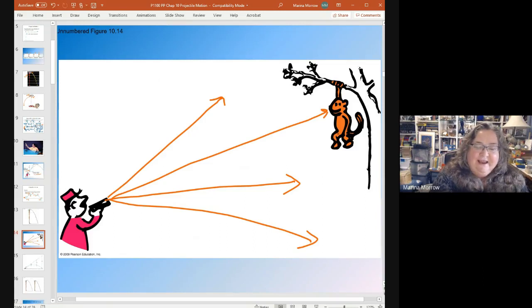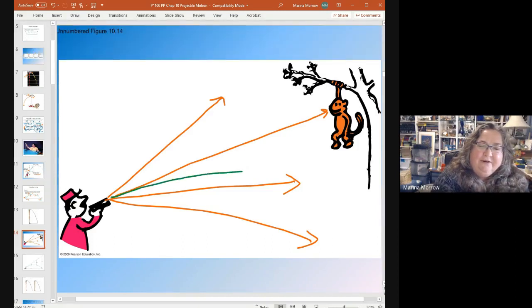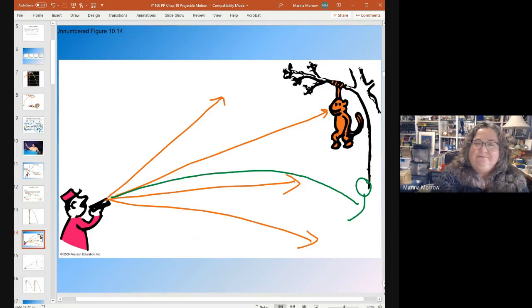Well, the surprising answer is that you should aim at the monkey, even though you know it's going to fall, because the bullet is also going to fall. If the monkey and the bullet are falling at the same rate, then the bullet will strike the monkey wherever it has fallen to.